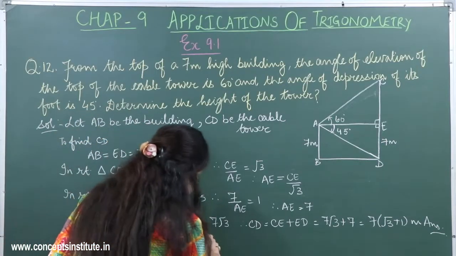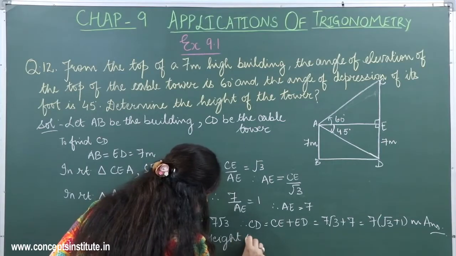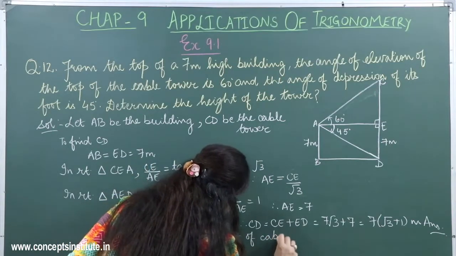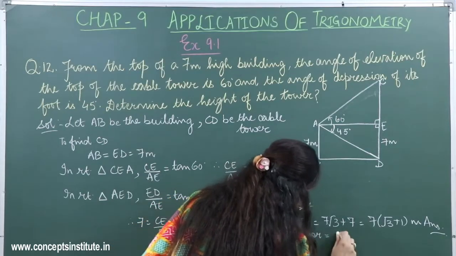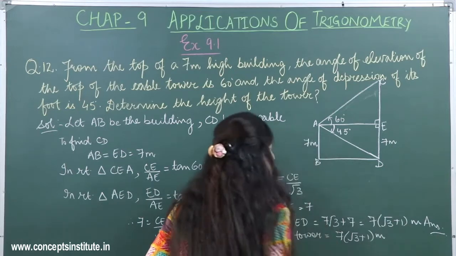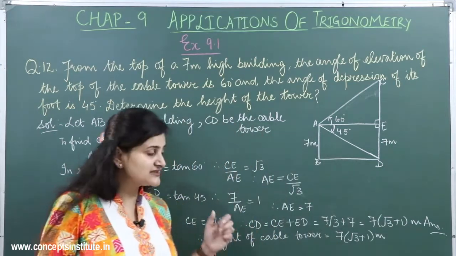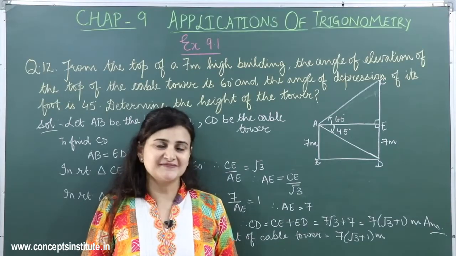But in these kind of questions we have to write the final answer very properly. Therefore I will write height of cable tower, this is equals to 7 into root 3 plus 1 meter. And students, if the value of root 3 is given to you, then you are supposed to put the value and find out the final answer.